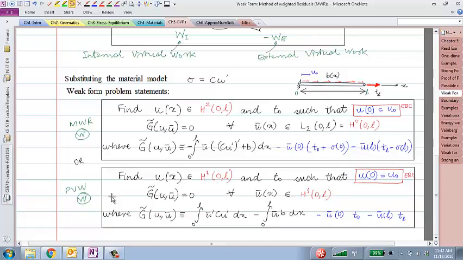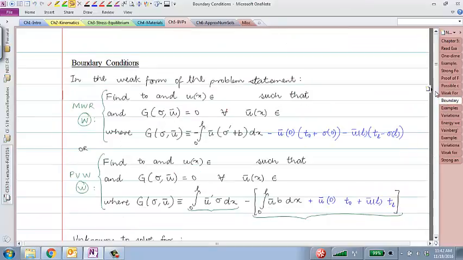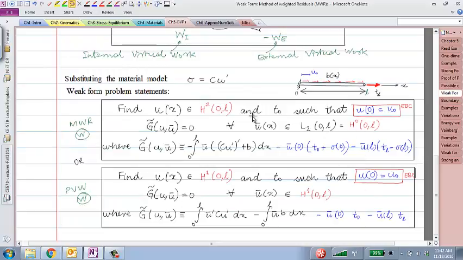So this is just an alternate form of stating the same strong form of the problem. What I will also do is go through some more requirements on the boundary conditions. You're already seeing how you have to be very careful about boundary conditions when we are working with weak forms.